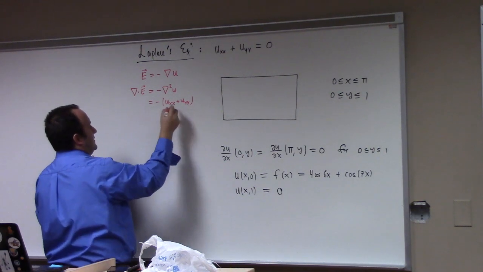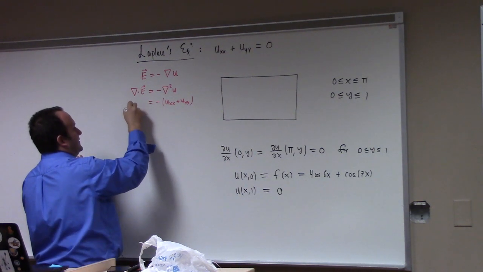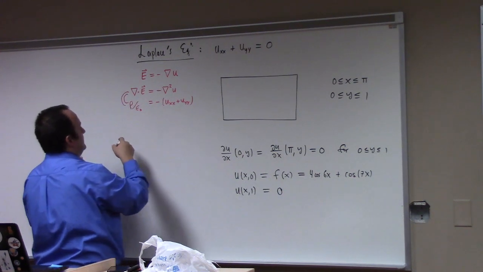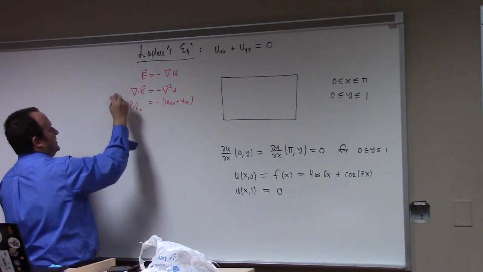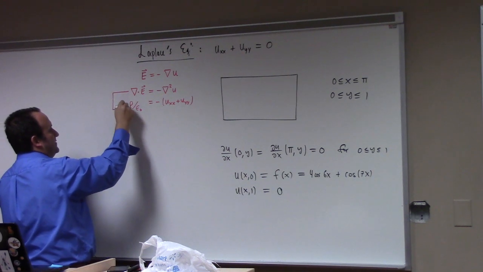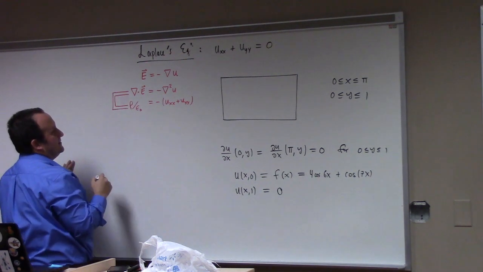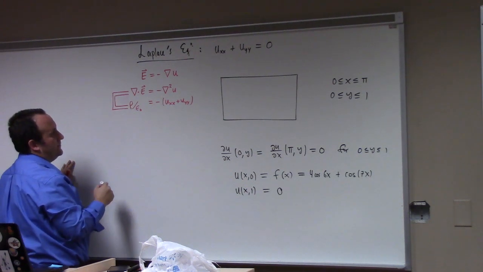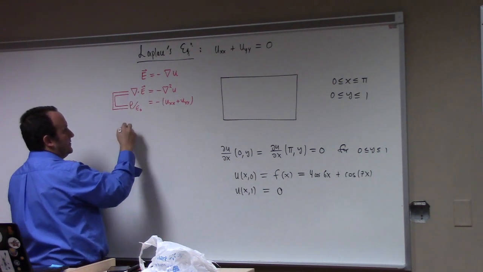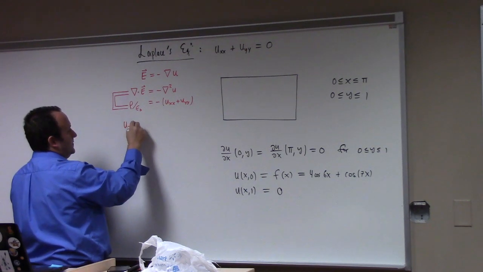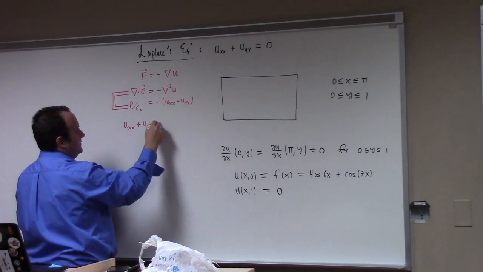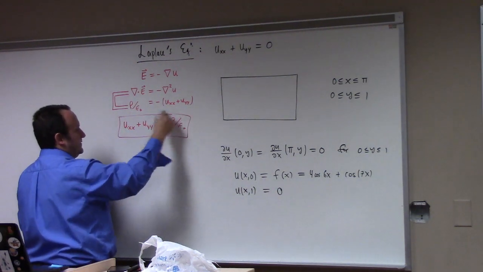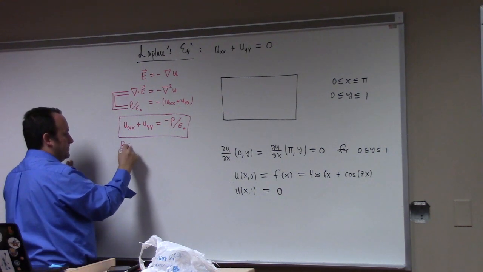This would be equal to the charge density divided by epsilon naught, if you'll allow me this rather unconventional written equality. This is Gauss's law in differential form. So u_xx plus u_yy equals minus rho over epsilon naught. This is the so-called Poisson equation.